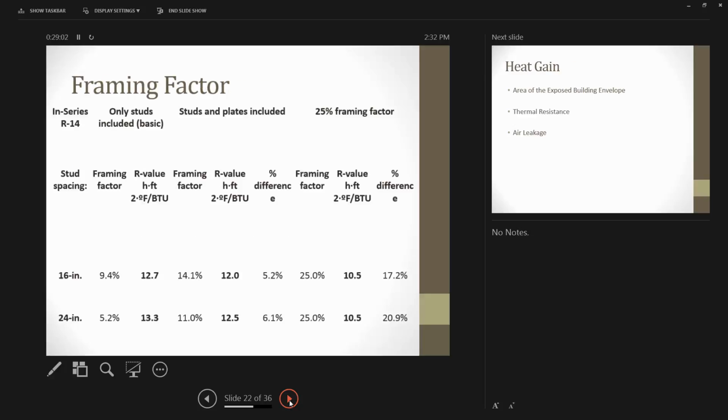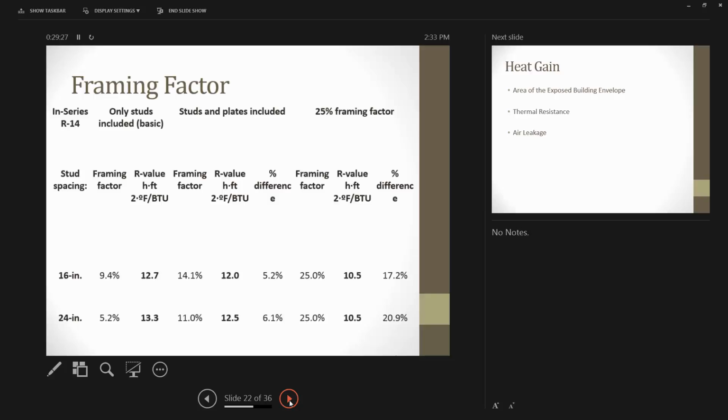This is just an example of what they call the framing factor, and depending on what framing you're using, there are some shortcuts and averages. You don't necessarily have to go through and figure every single stud that you have in the wall and measure it up and get the square inches and convert them to square feet.